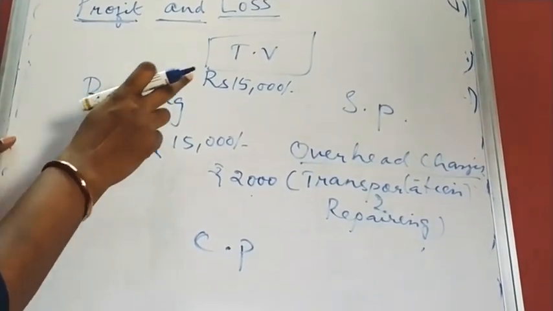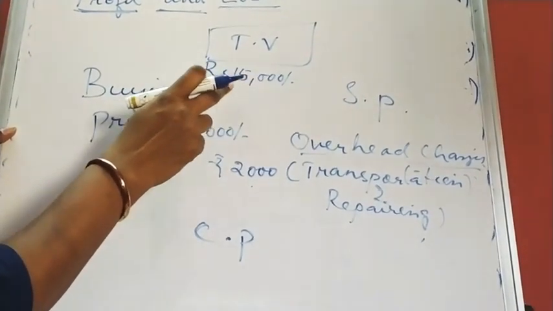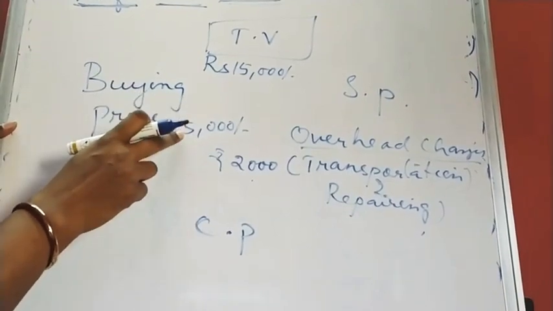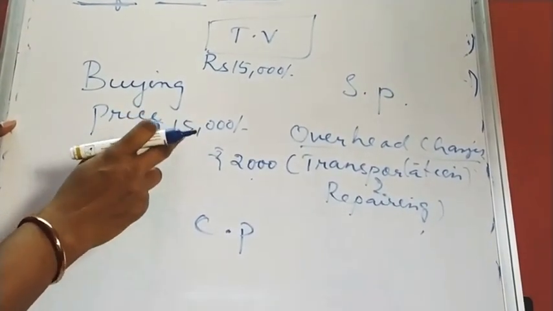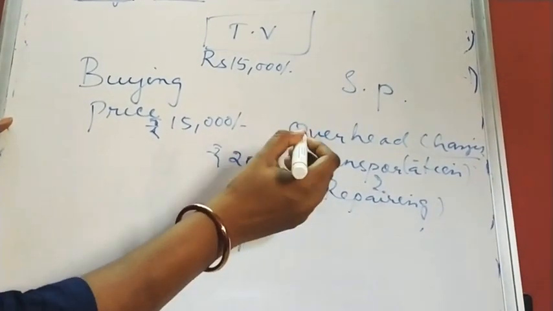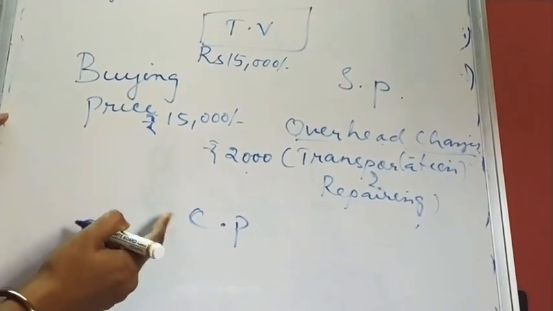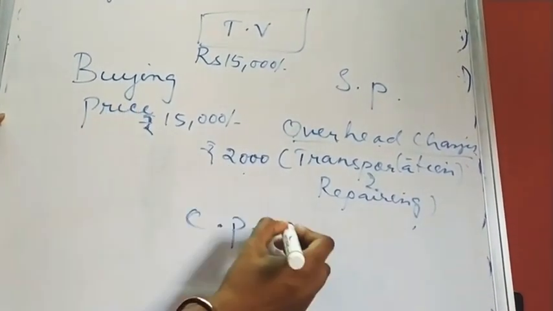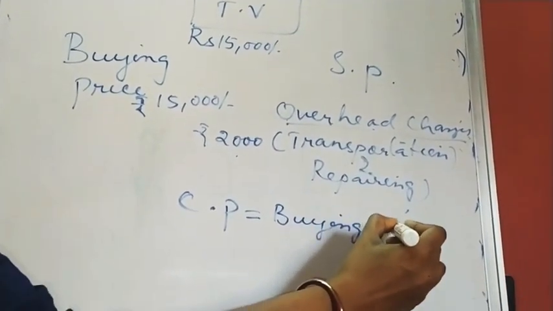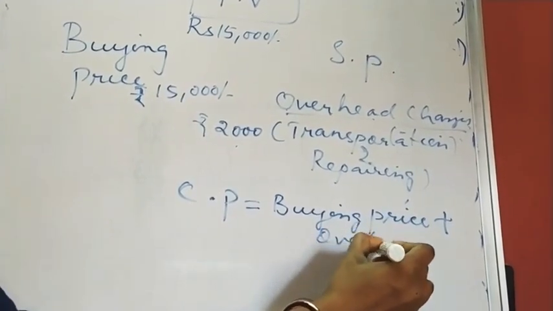When a person is buying a television, his buying price is rupees 15,000 for example, and then he is spending rupees 2,000 on transportation and repairing charges, and we call that the overhead charges. So your total CP would be your buying price and the overhead charges.